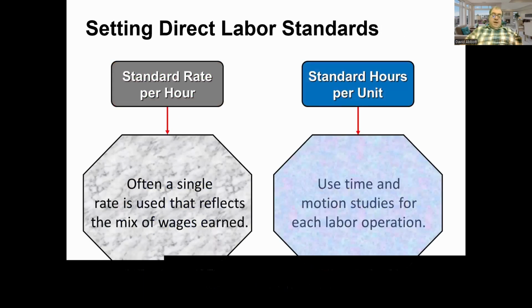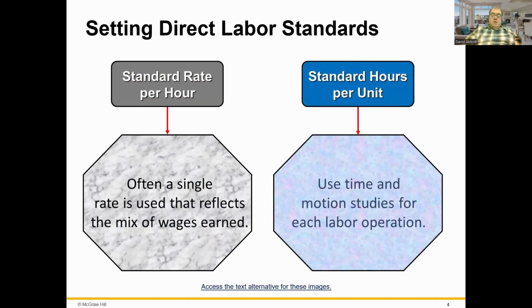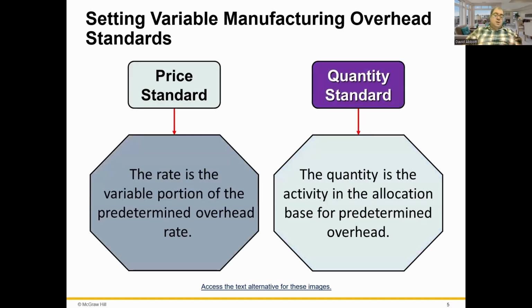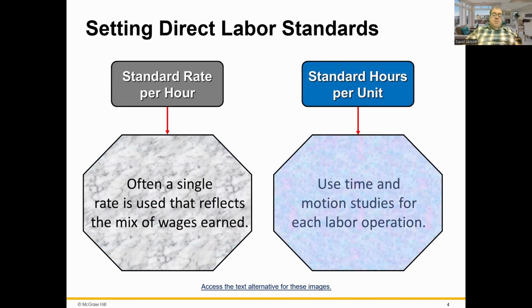Setting direct labor standards. The standard rate per hour for direct labor includes not only wages earned, but also fringe benefits and other labor costs. Many companies prepare a single rate for all employees within a department that reflects the mix of wage rates earned.